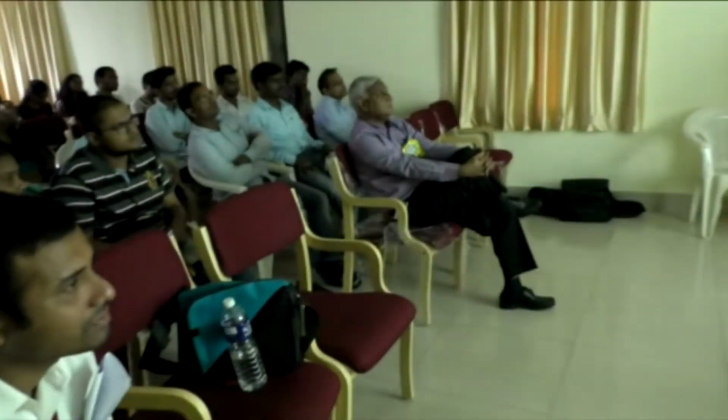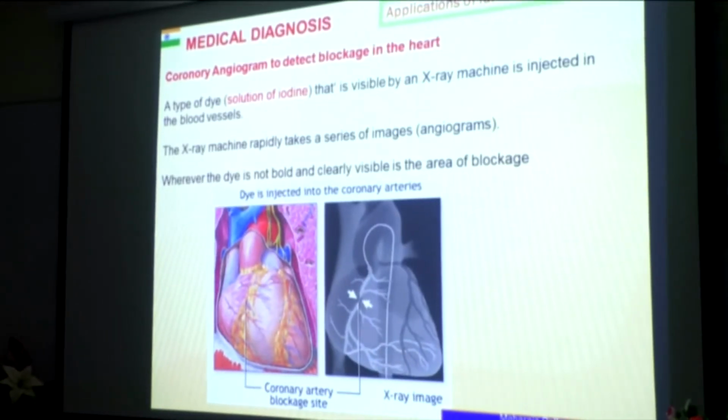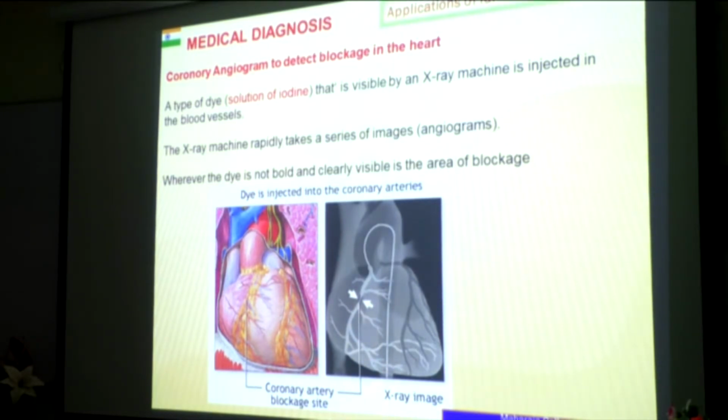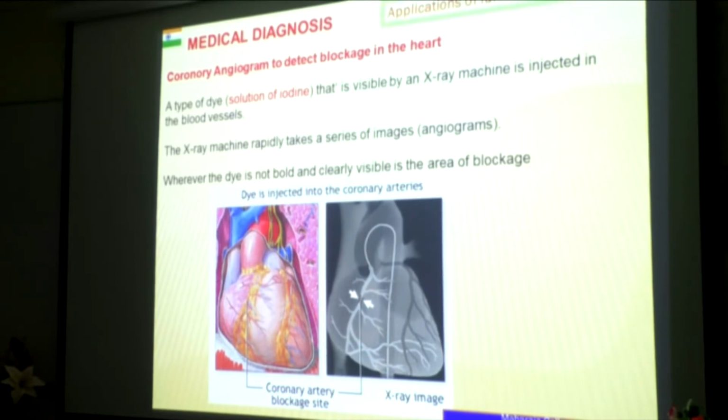This is again most important. When you have a heart problem, how do you detect the blocking of the heart or arteries? The chemical is taken up through an injection. Along with that, the doctor sends a fiber optic that carries the light. When you have a blocking at this stage, in the artery which is taking blood to the heart, here it is shown, the patient is exposed to an X-ray machine.